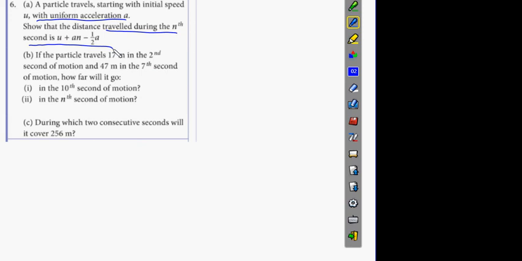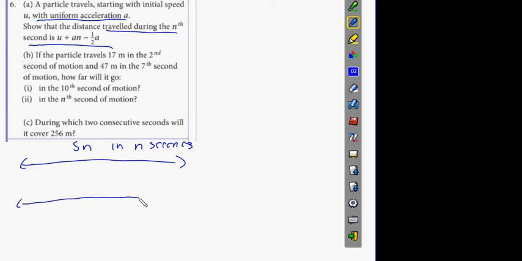Distance travelled during the nth second would mean that I'd have to find out how much distance I travel, called Sn, in n seconds, and then if I find out the distance of S n minus 1, where n minus 1 is 1 second shorter than n seconds, and then find the difference between this one and this one here, then I find out how much distance I covered in the nth second.